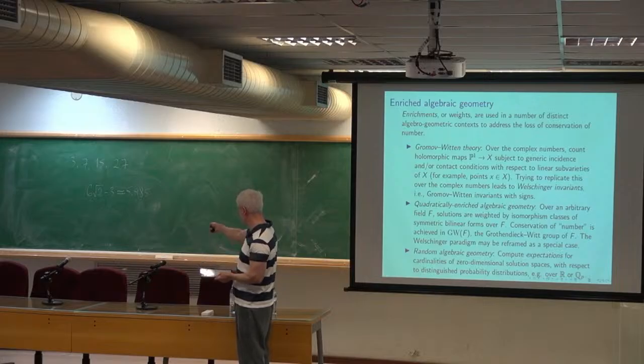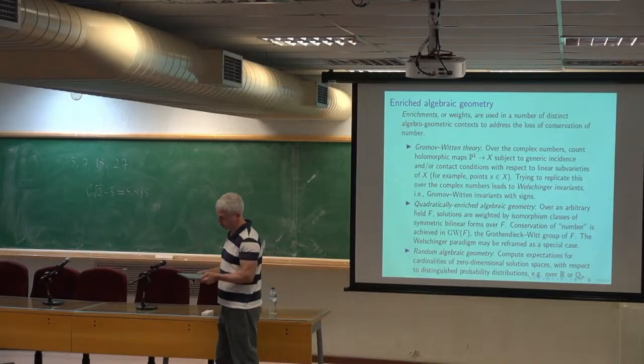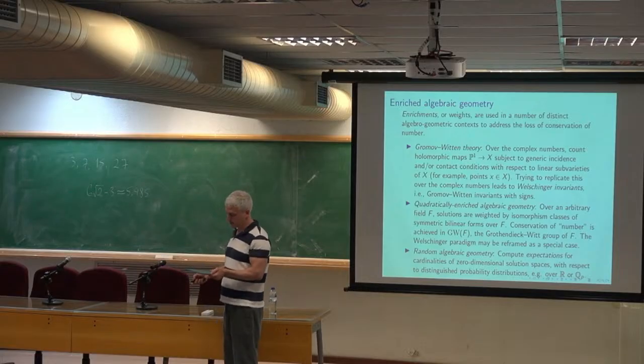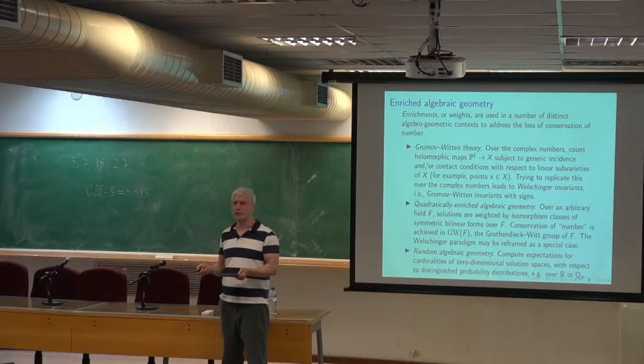For example, 6 times square root of 2 minus 3 is exactly the expectation for the number of real lines on a real cubic surface with respect to what's known as the Kostlan distribution on homogeneous polynomials, which is the distinguished Gaussian O4 invariant distribution.